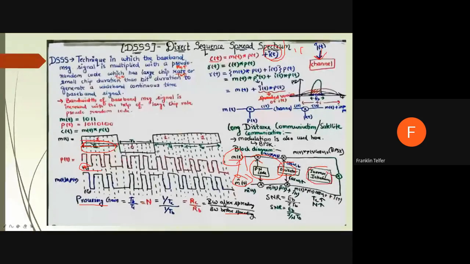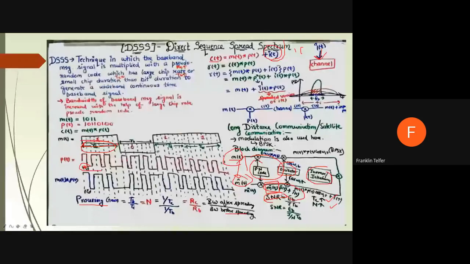You can see that the chip rate will be higher and the N will be greater, in such a way that the SNR should be as high as possible to minimize the noise. At last you will get m of t, p of t plus i of t as the intermediate message signal, but our main parameter is m cap of t. That's our information which has to be retrieved.